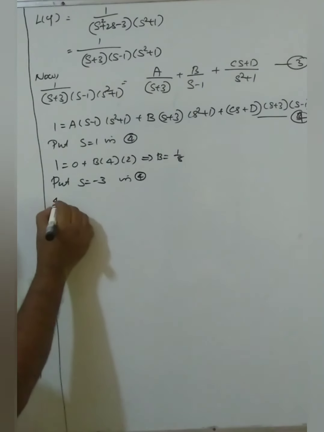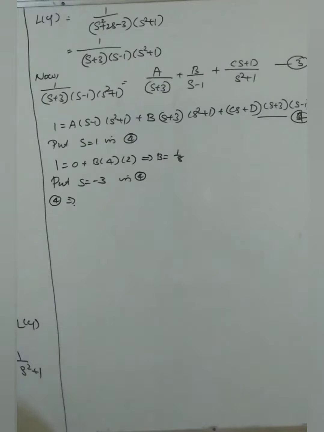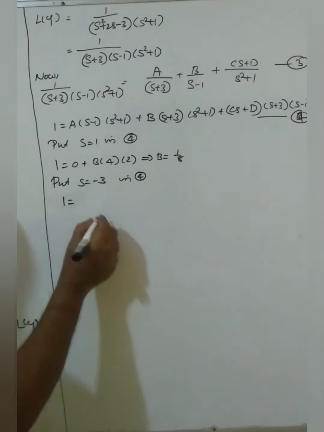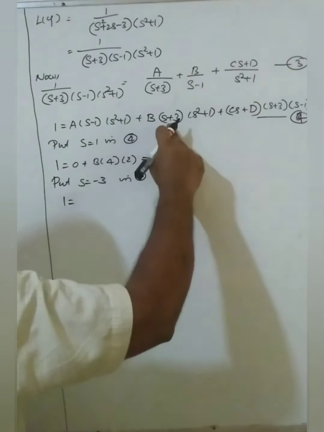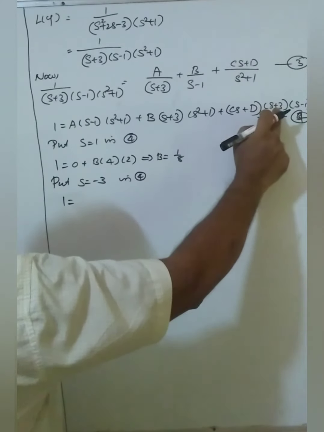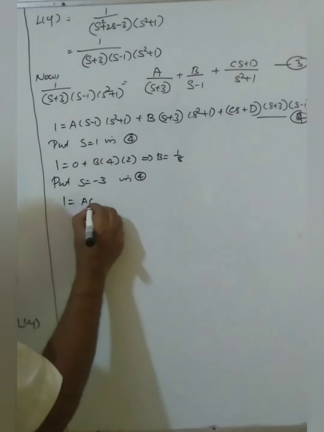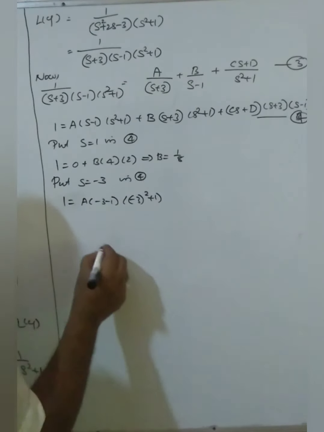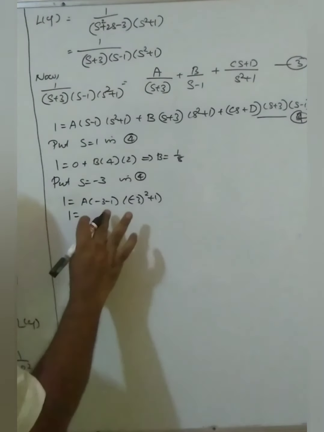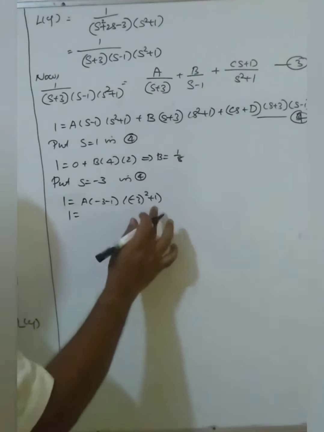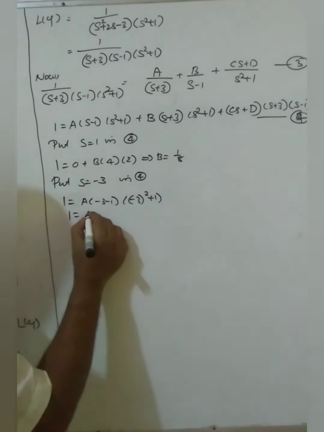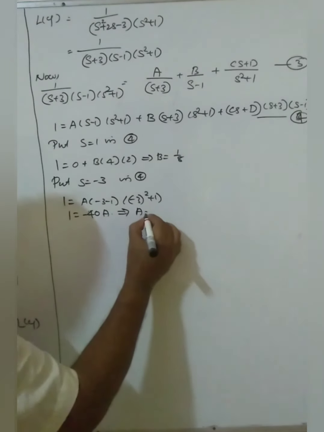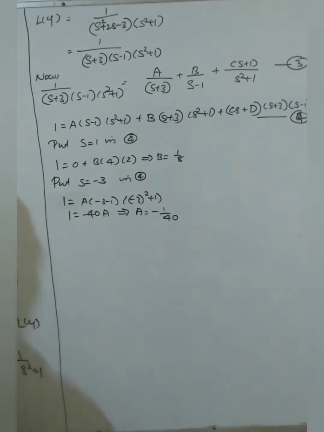Directly we can write 1 equal to, here s plus 3 will be 0, here s plus 3 will be 0, that is a into minus 3 minus 1, minus 3 the whole square plus 1. So this is 1 equal to, here minus 4, here 9 plus 1, 10. So that is minus 40a. This implies a is equal to minus 1 by 40.